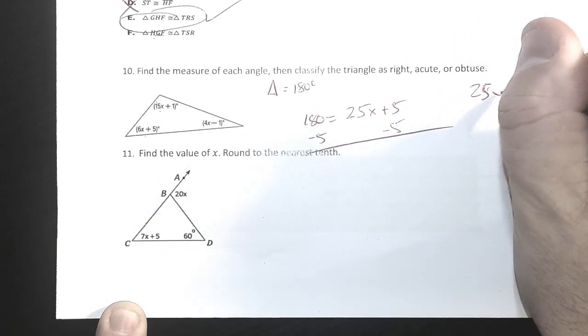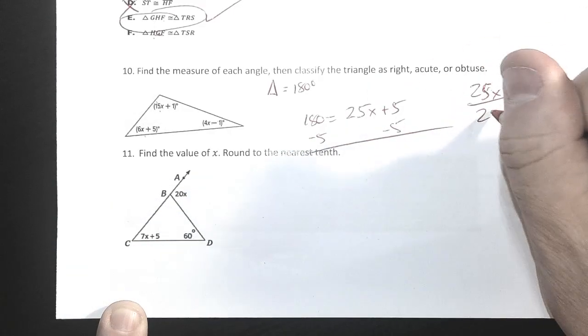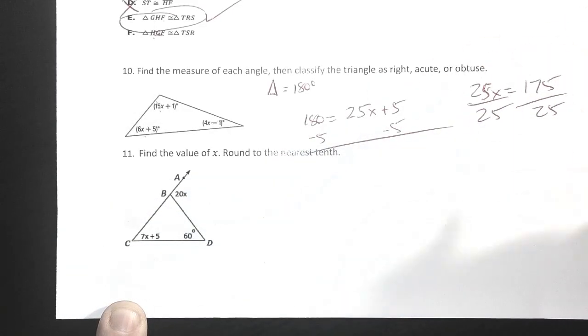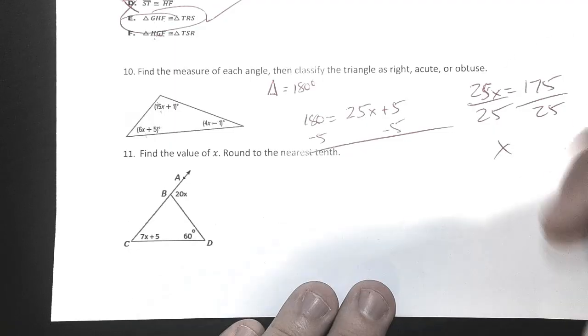So 25x equals 180 minus 5 is 175. Divide both sides by, I'm sorry, by 25. I can't talk. 175 divided by 25 gives us x equals 7.